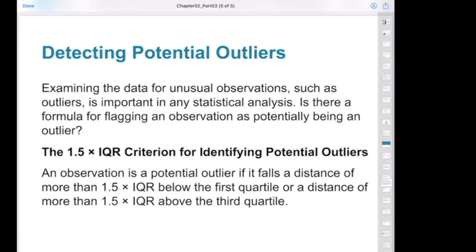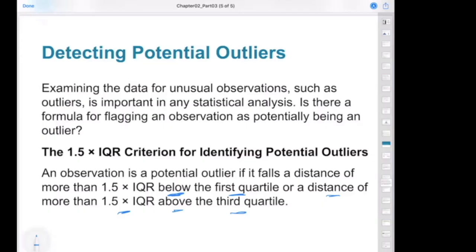As you can see here, an observation is a potential outlier if it falls a distance of more than 1.5 times the interquartile range below the first quartile, or a distance of more than 1.5 times the interquartile range above the third quartile.